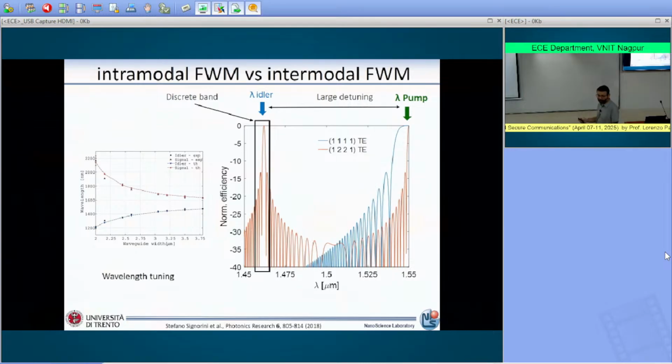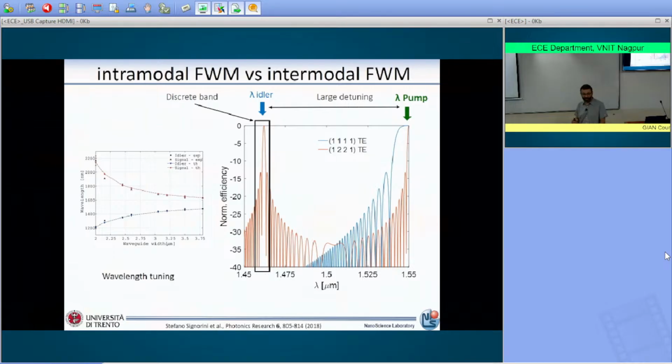How do we control the detuning? We control the detuning by controlling the waveguide width. The larger the waveguide, the less separated the different modes are, and therefore the generated photon wavelengths, the signal and the idler, are very near to the pump photon wavelength. But when we decrease the waveguide width, the modes are more separated in the spectrum, and therefore we can generate a photon in the near infrared and a photon in the mid infrared.